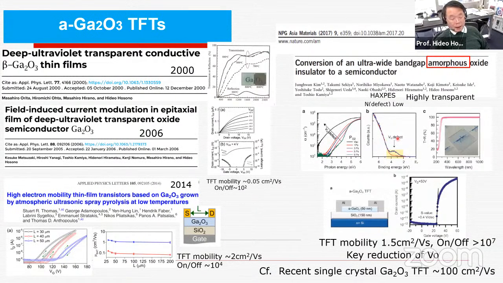As a consequence, we obtained almost comparable TFT performance to the polycrystalline gallium oxide. So anyway, elimination of the trap states in the band gap is the key of the amorphous oxide TFT. Thank you very much.